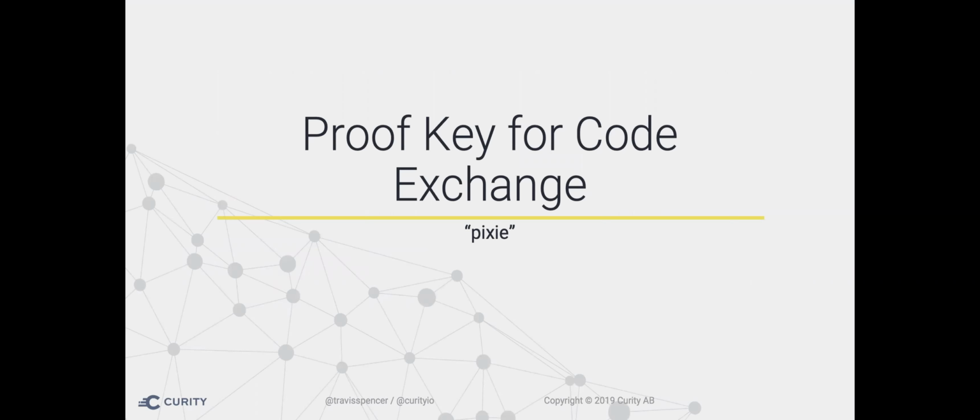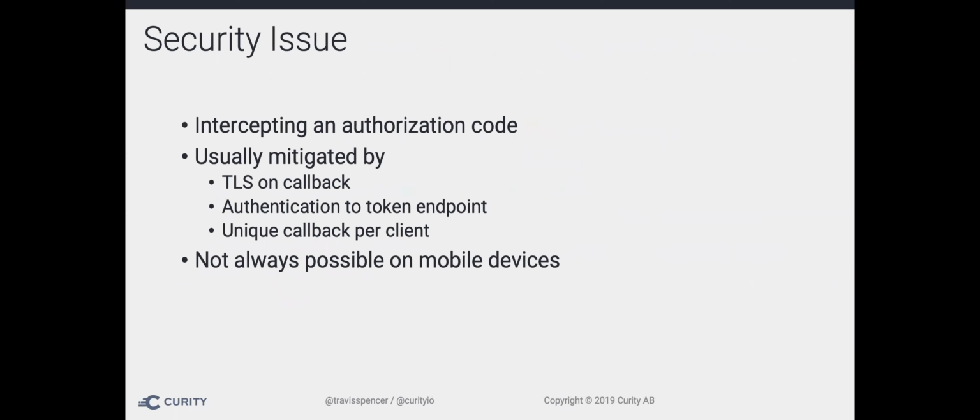So first of all, let's talk about proof key for code exchange or PKCE. This is an RFC that is designed to help with a few certain issues that come up when delivering banking grade security. And what those are is that sometimes we're concerned that the authorization code that's issued during the code flow could be intercepted.